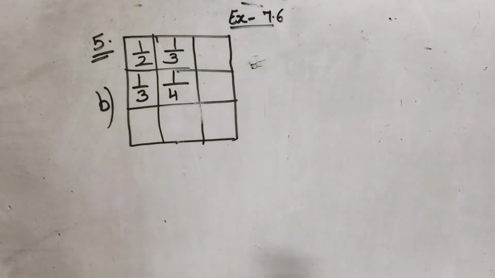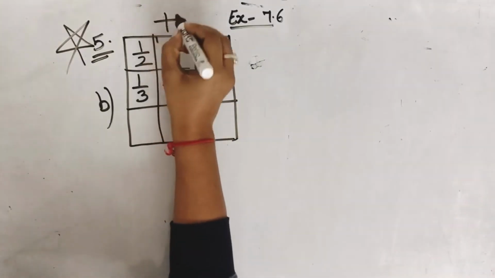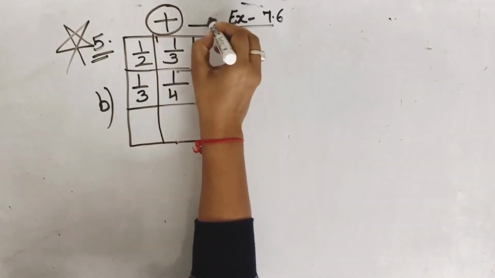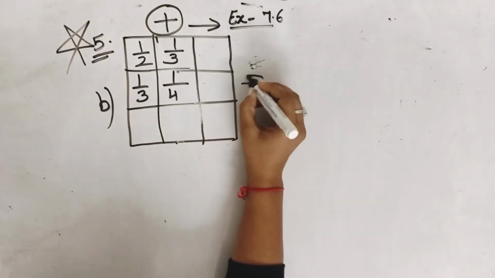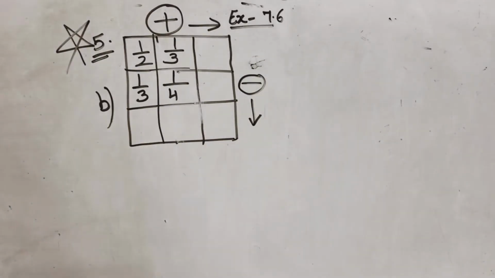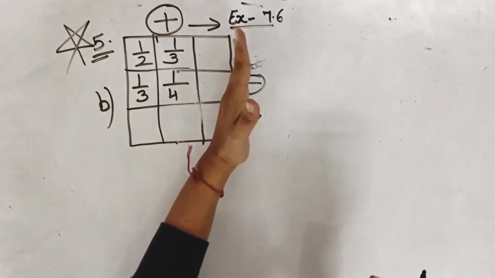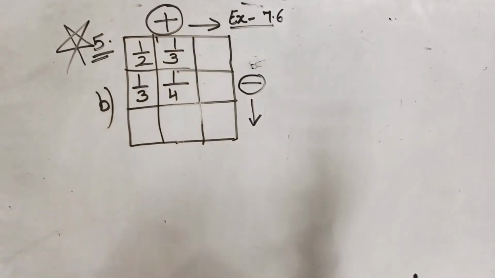This question is very important. What you have to do in this question is, you have to add while going towards the right, and you have to subtract while going downwards. Means when you move towards the right you will add, and if you move downwards then you will subtract.